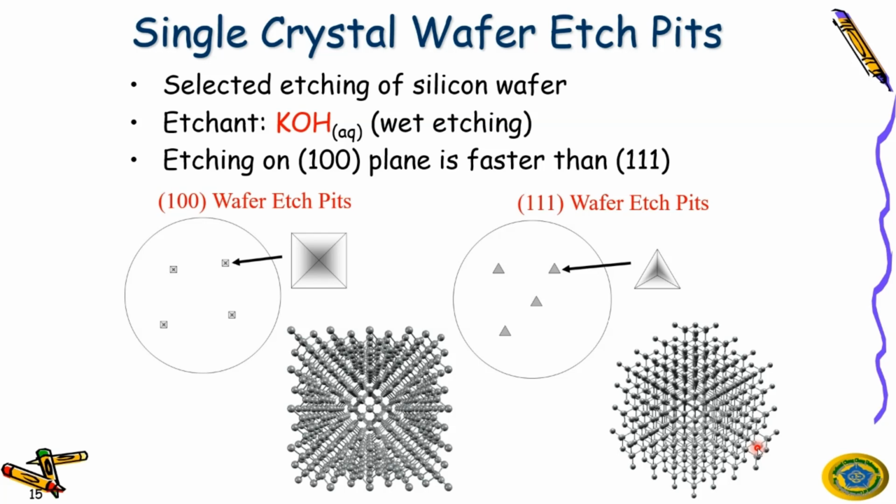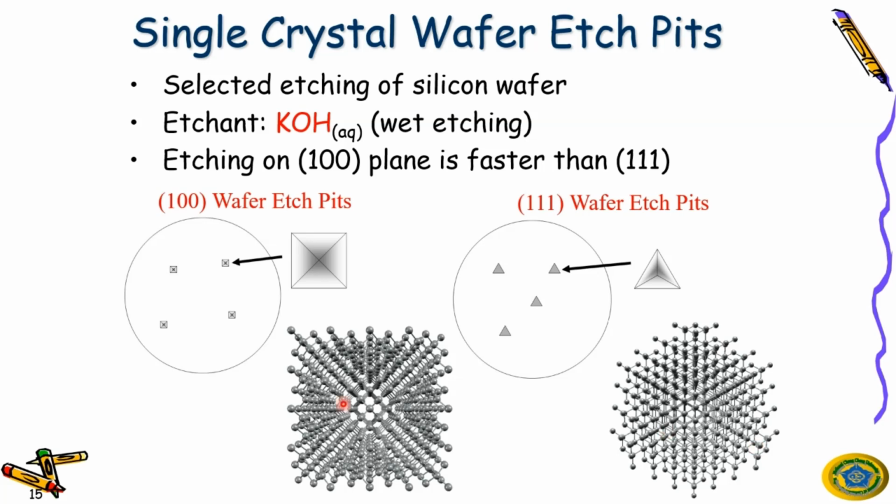Very, very close. But there's one certain term related to the surface. What's that? Thank you. We call it planar density, right? If the planar density is low, that means the etching will be very fast. If the planar density is high, the etching will be slow, right?